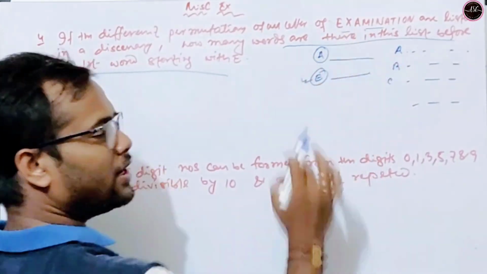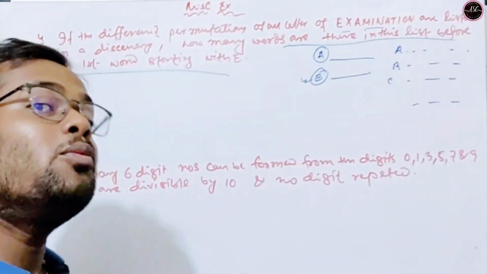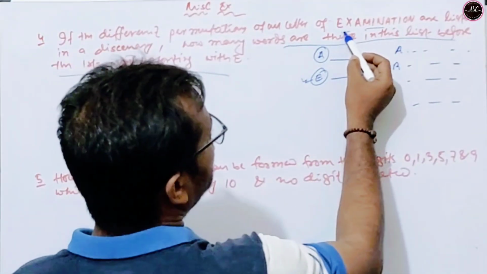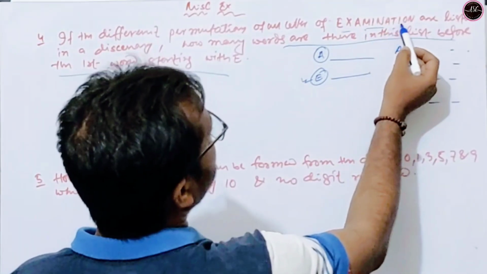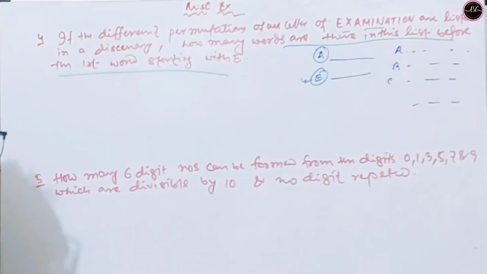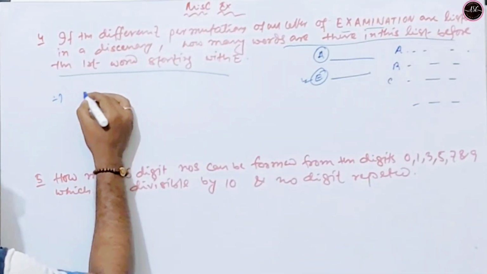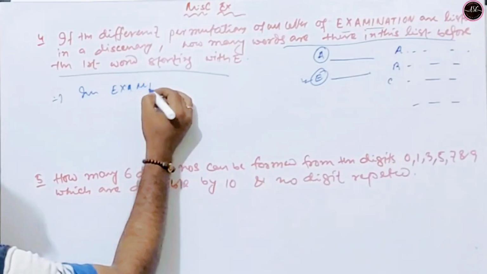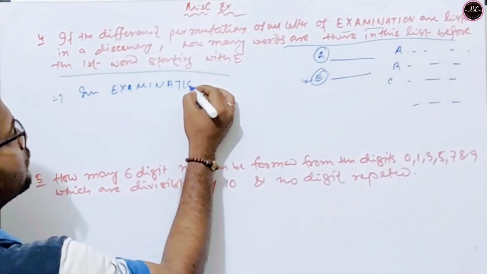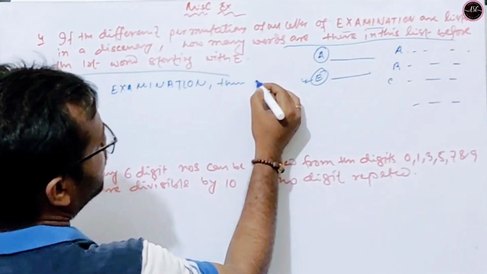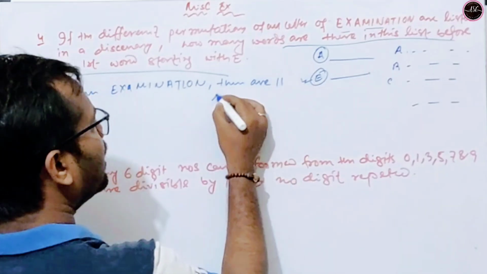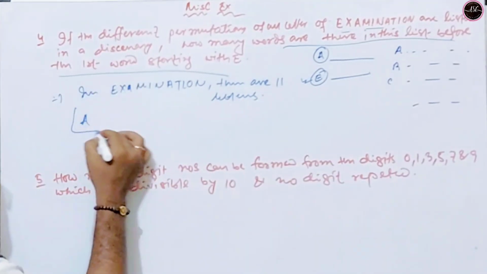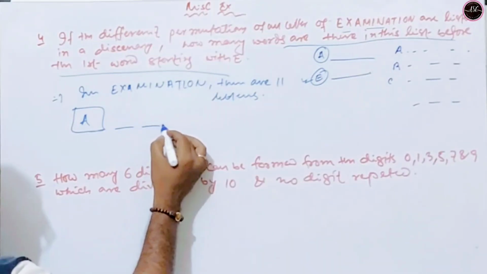That means we have to find the number of words that start with A. So in EXAMINATION, look, there are 11 letters. If we take A as fixed, we have 10 letters.